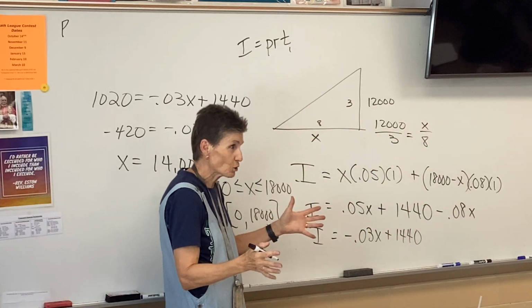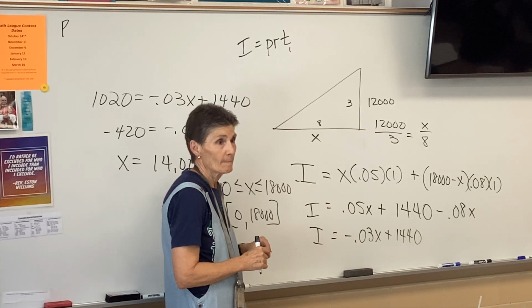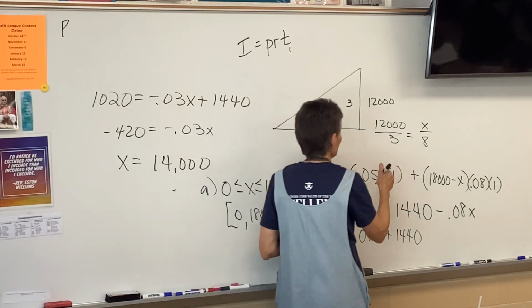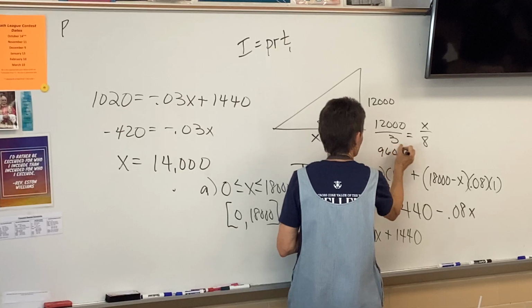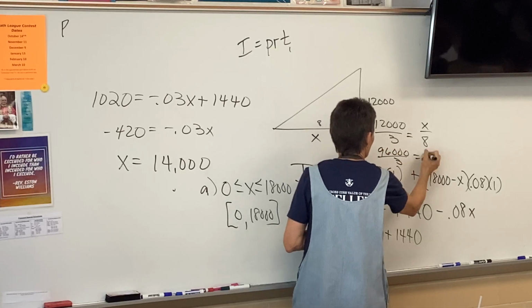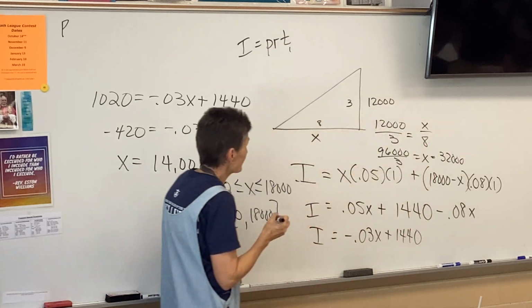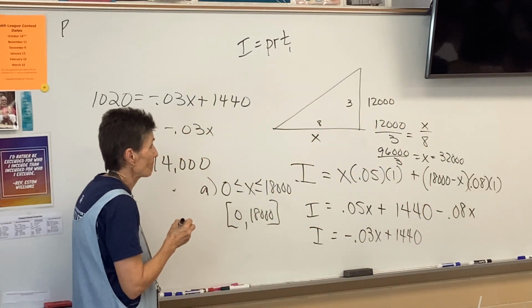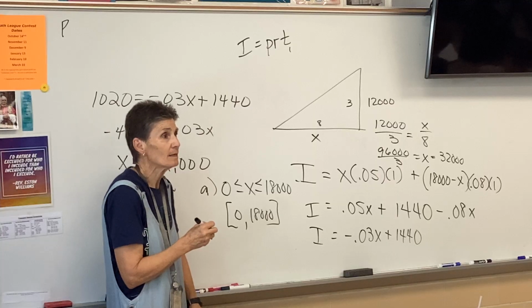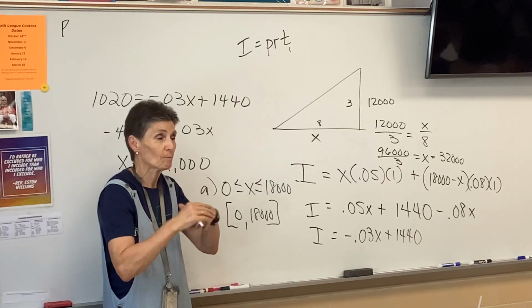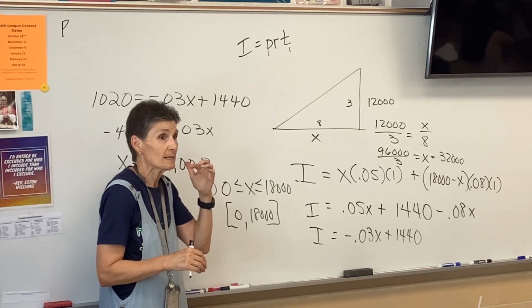He said a proportion. That's good. Okay, so 96,000. I got 32,000, but I don't know if that's right or not. Anybody have a different idea? That's perfect. That's actually 100% great. Anybody have a different idea?